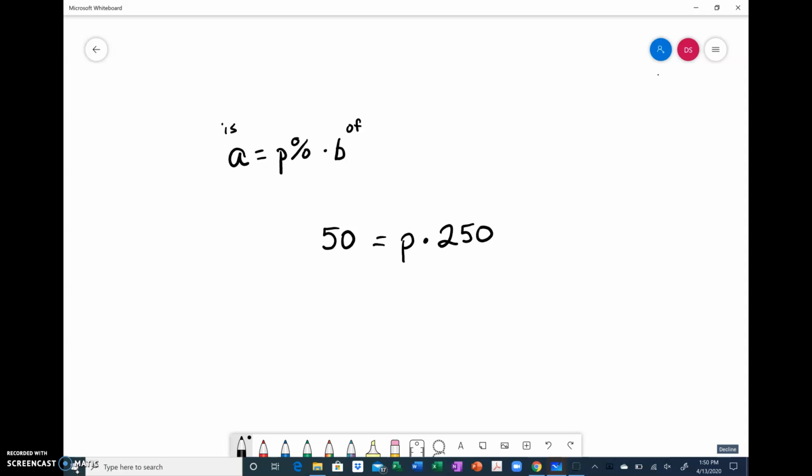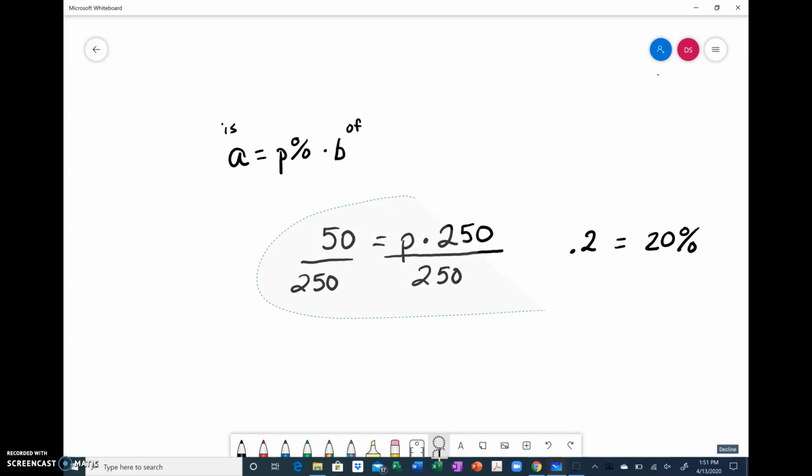And I'm remembering that these two are multiplied together, so I'm going to divide both sides by 250. And when I type 50 divided by 250 into the calculator, I will get 0.2, which is a decimal that needs to be converted to 20%.